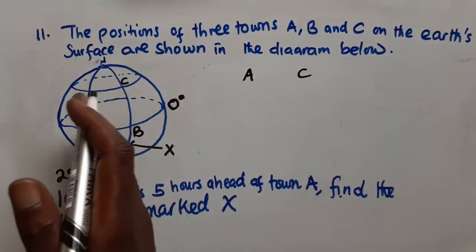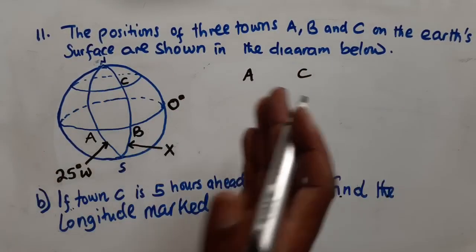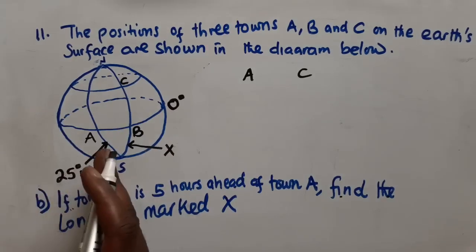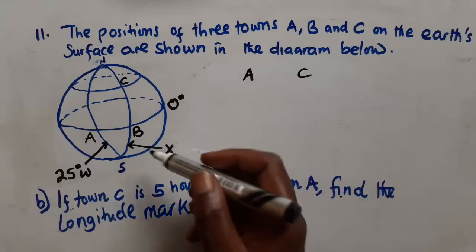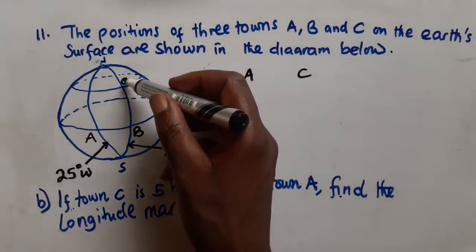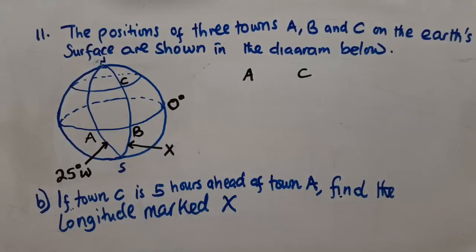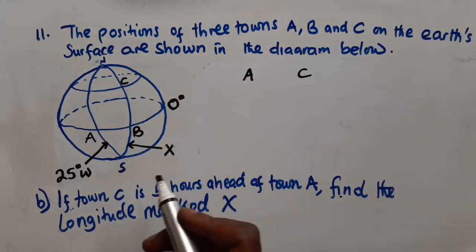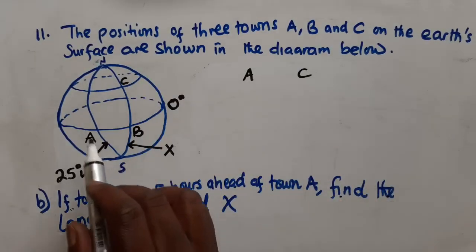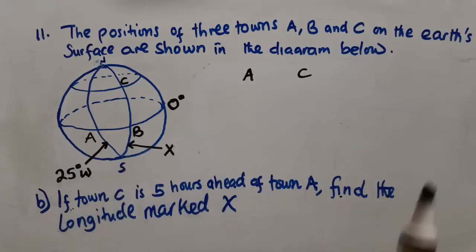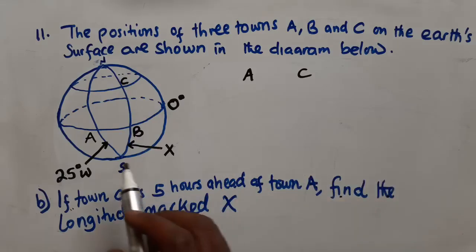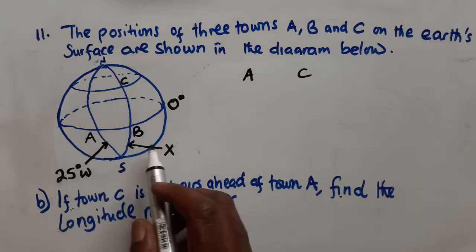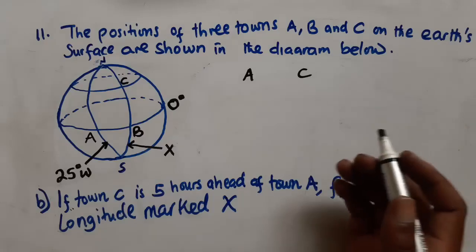A is on the west of C. And then you should also note that B and C, they have the same time, isn't it? And you should also note that after 15 degrees, we have an hour. So definitely we know that this is going to be in the east.